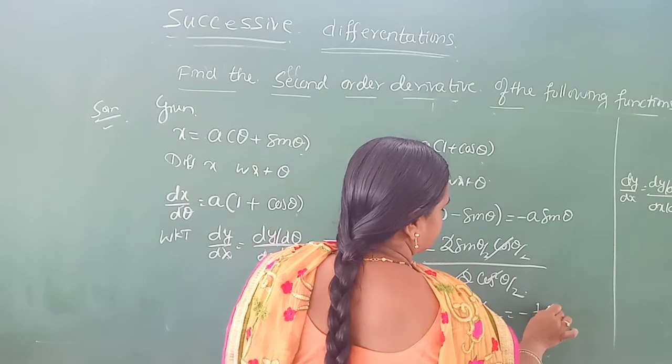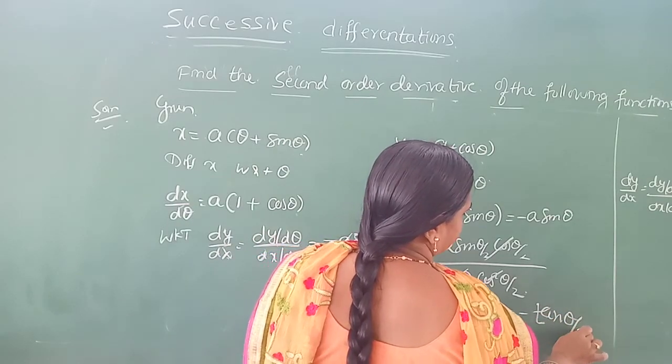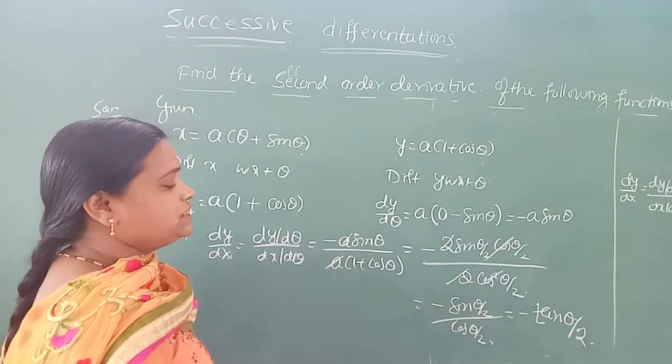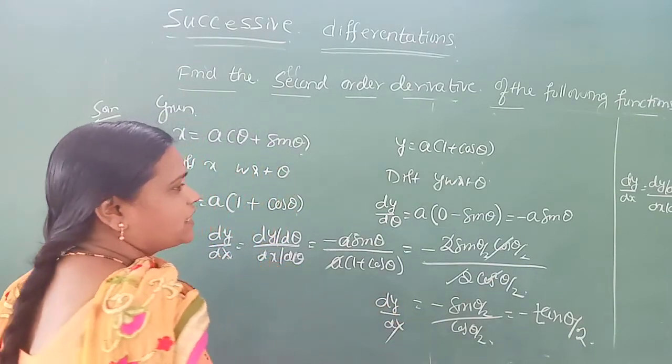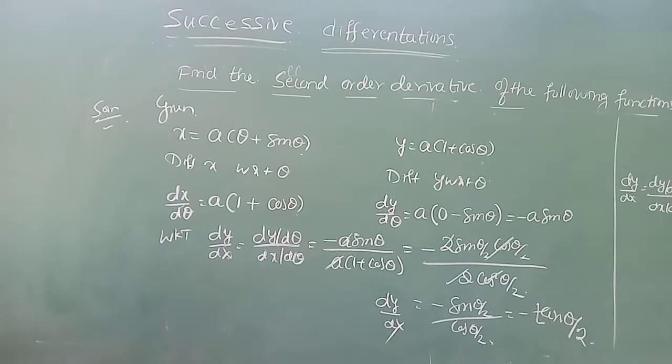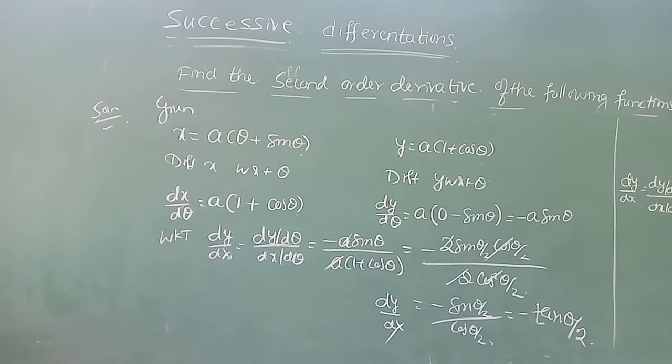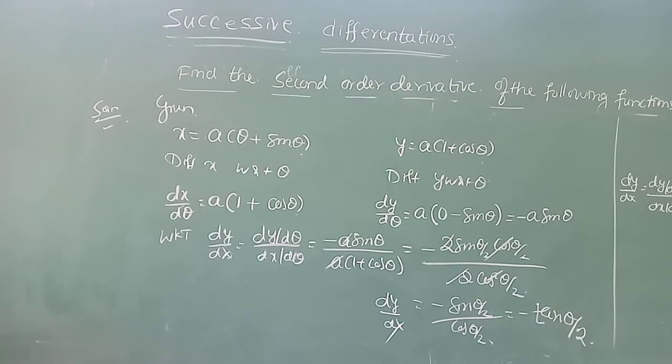We get minus tan theta by 2. This is dy by dx. We calculated dy by dx, but here it is not dy by dx that is asked. We have to calculate the second order derivative of the function, that is d2y by dx square.